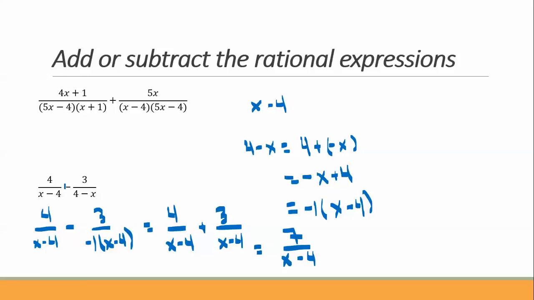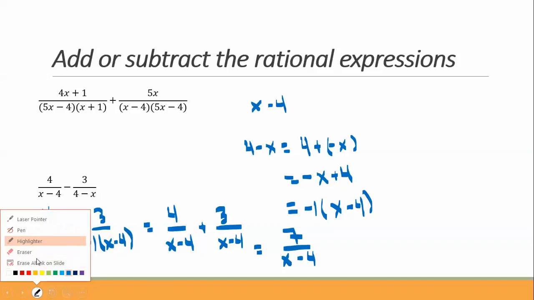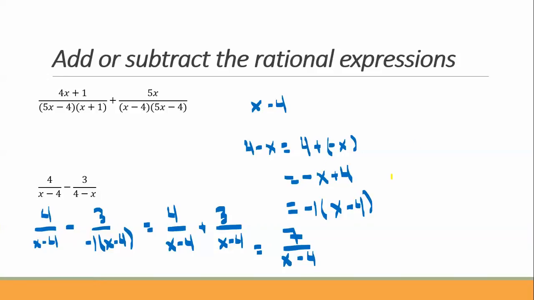So this problem started to look a little complicated, but this is one that you really have to remember. Big yellow star. We even color it in. 4 minus x is the same as negative 1 times x minus 4.